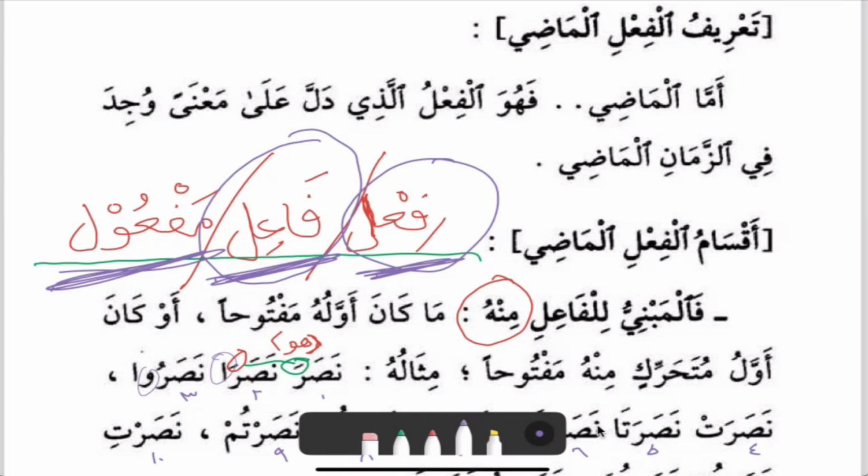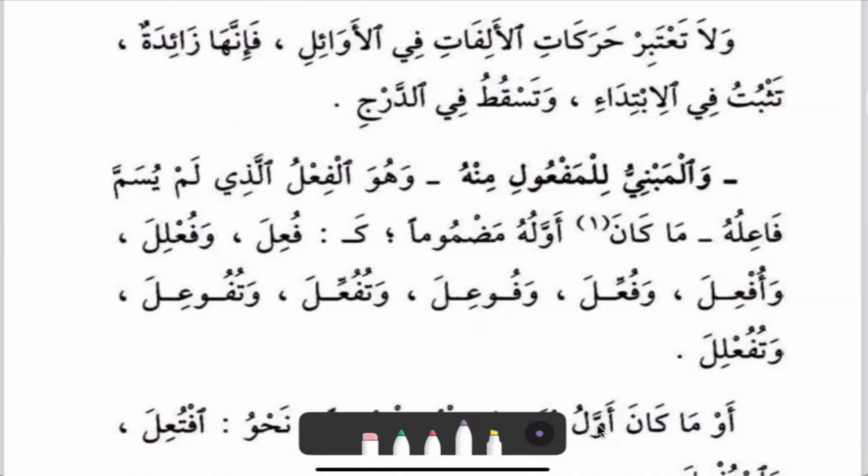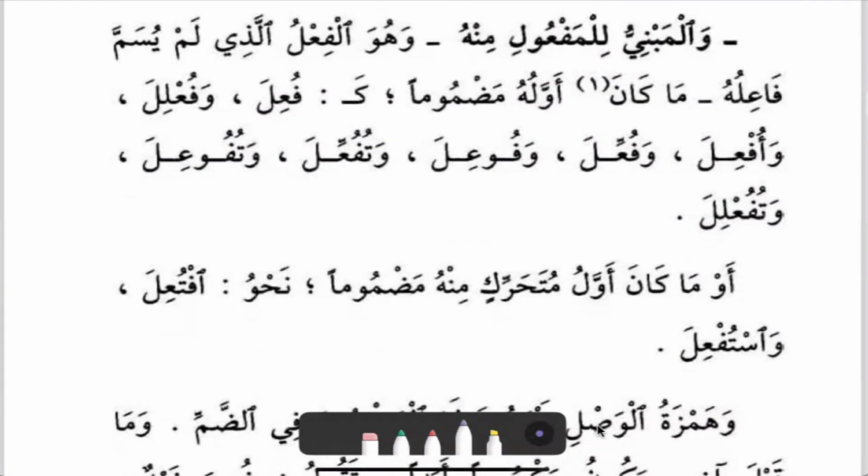Yes, that's right. It's possible to configure the verb for the maf'ul. It would be mabniyun lil maf'ul, configured for the receiver or for the done thing. What does that mean? That's what you mean when you say passive voice? Yes. So we're going to talk about that next time, because now it's time to stop.